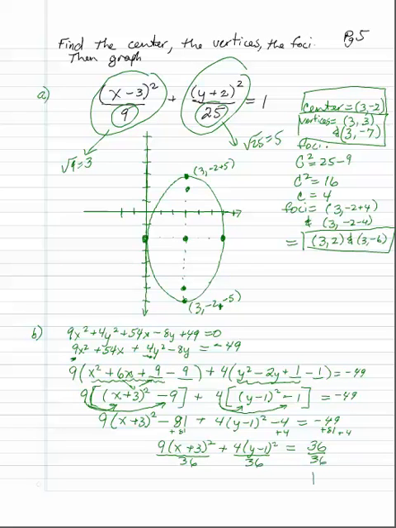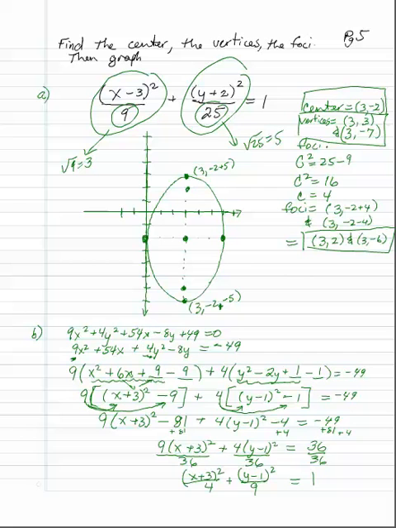So you get 1 equals (x plus 3) squared over 4 plus (y minus 1) squared over 9. Okay, and now we're ready to graph.